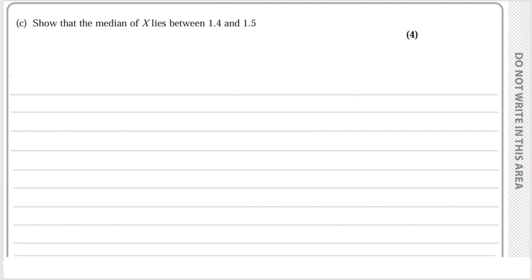So the median m is the value where the CDF evaluated at m is 0.5.